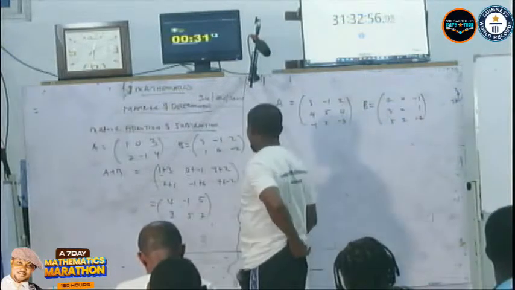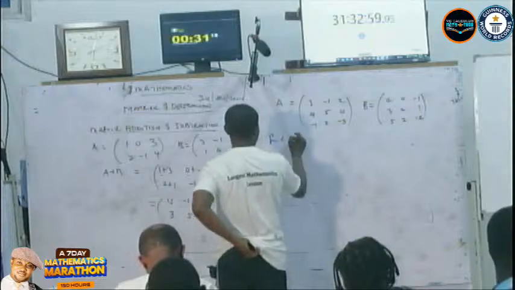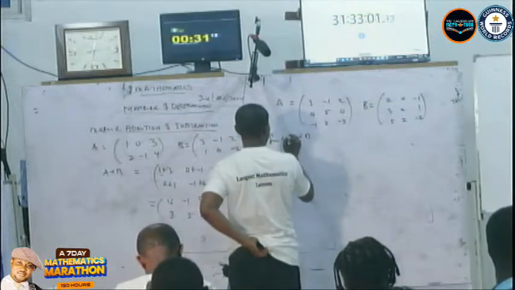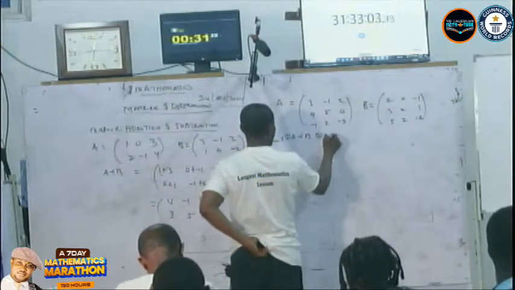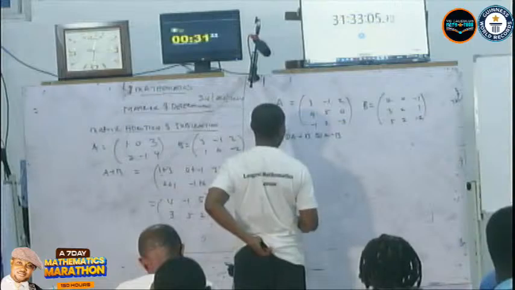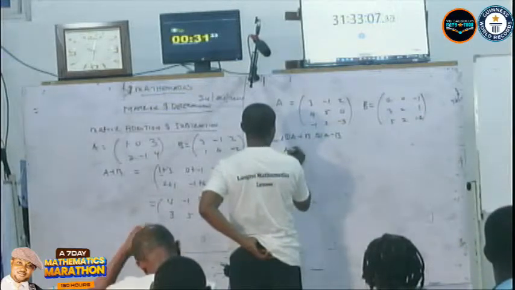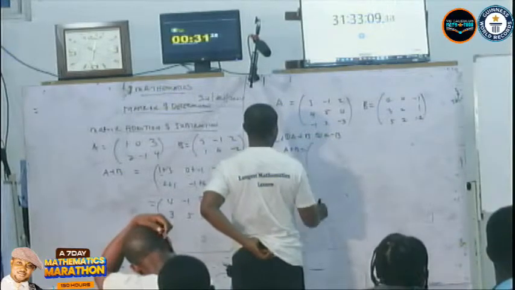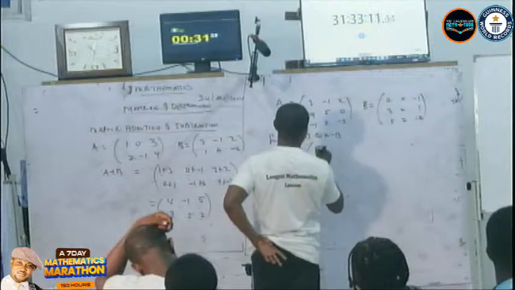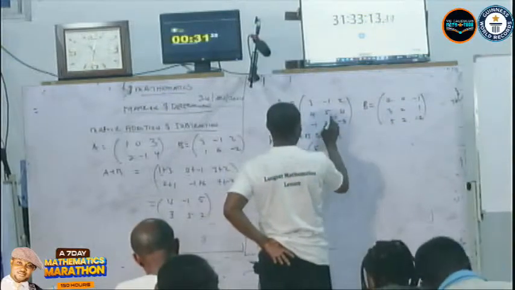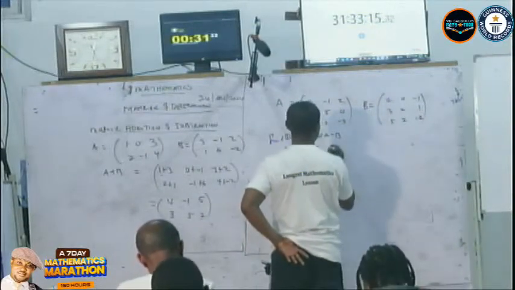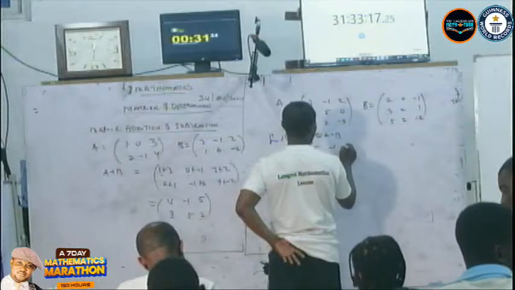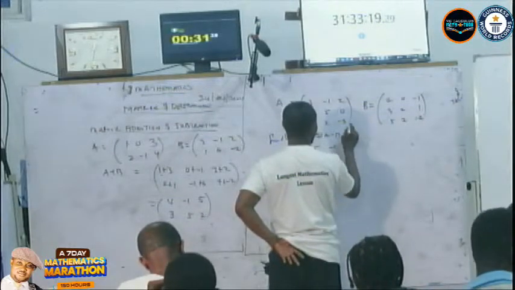You now say find A plus B and A minus B. So you now add up A plus B. You take 3 and add with 5.